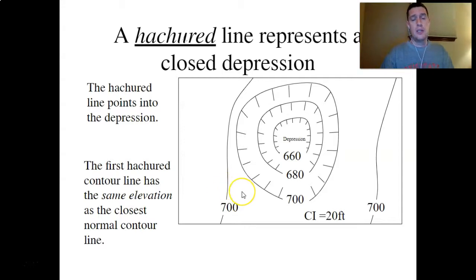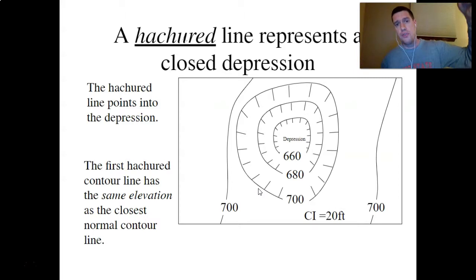Now, the top of the hill is not another 20 feet. On this map, every new 20 feet, there's a new line. Well, there's not another line up here that says 720. So what we've done is we've walked up to a certain place, but not another 20 feet, and then we've started coming back downhill.